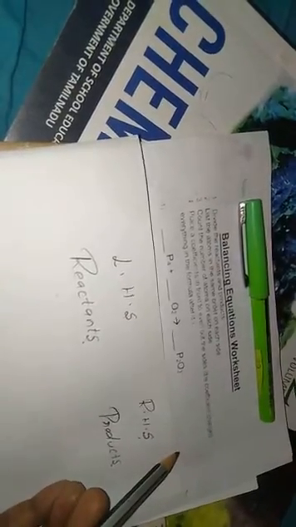First, what should we do? We should count the number of atoms in the reactant side and in the product side. See, first I am going to write the first atom, P.